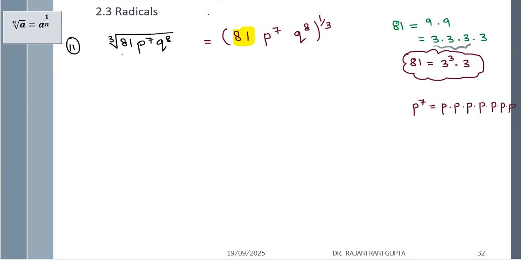Correct? Now we are making groups of 3. 3 p's and 3 p's. So we can write it as p power 3 times p power 3 times p. This is for p power 7.